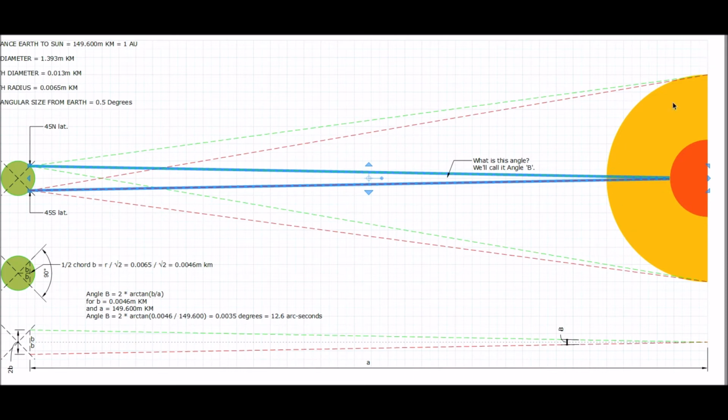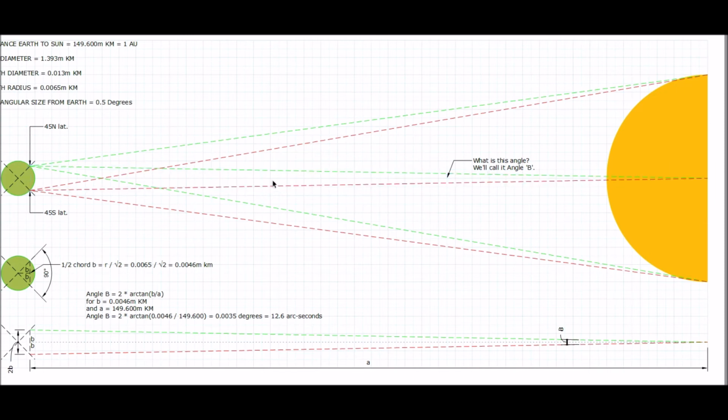So it's a mistake to think that this angular size of half a degree of the sun has something to do with the rays being out of parallel when they reach the Earth. They're really two geometrically different problems.